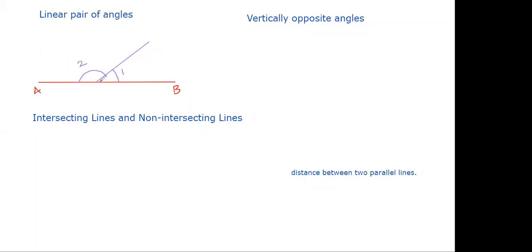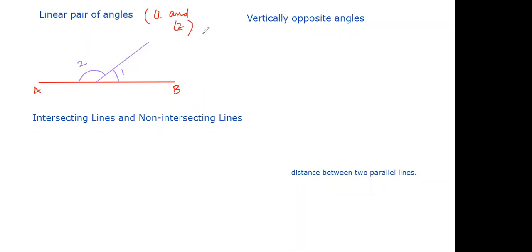So a ray on a line has two angles formed, and these two angles, angle 1 and angle 2, are linear pair of angles. So what are these angles? In this case, the linear pair of angles are angle 1 and angle 2.